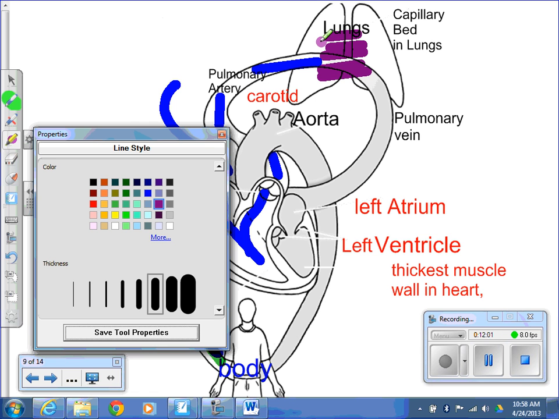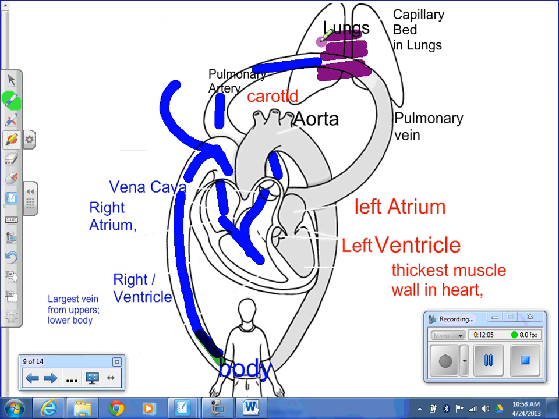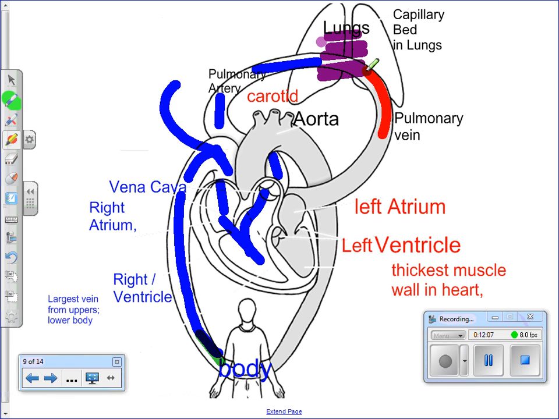And so then after that, the blood is going to be nice and bright red, and it's going to come through the pulmonary vein into the left atrium, the left ventricle, thickest wall muscle in the heart, goes pump really hard, goes behind there, through the aorta, off to the carotid arteries to the head, a branch that goes off to the arm, and then we go down here.